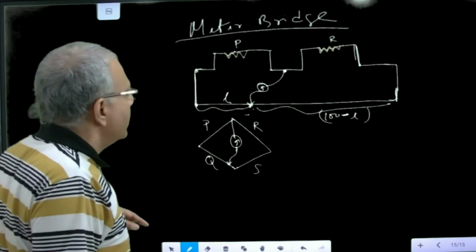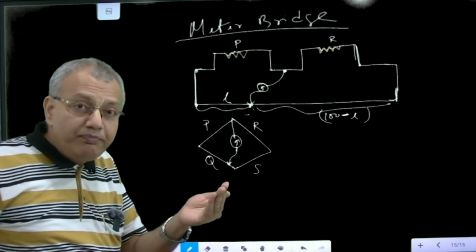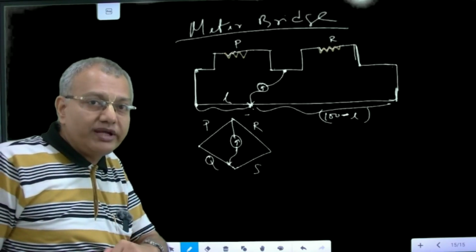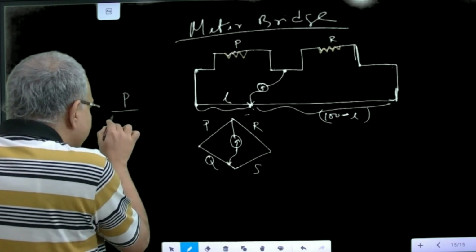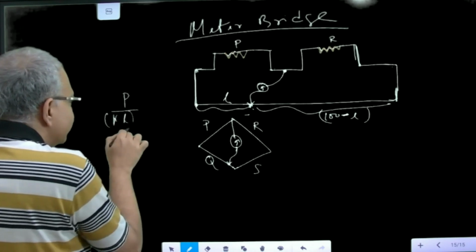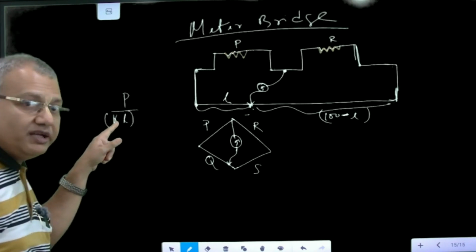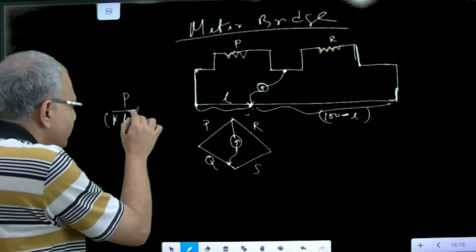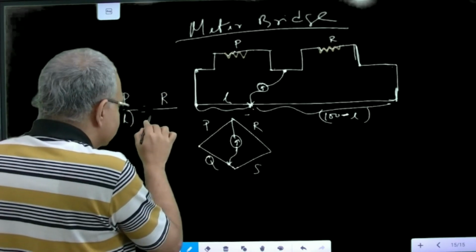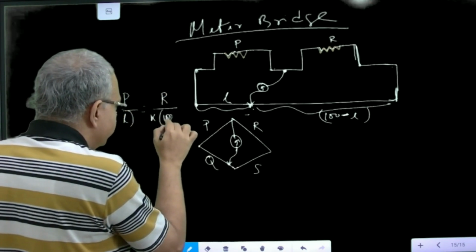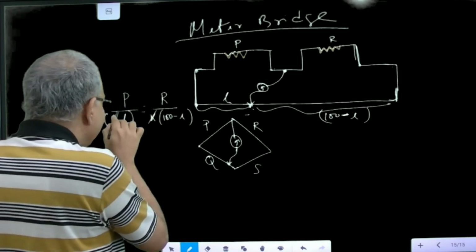So therefore, when the balance condition of the Wheatstone bridge is satisfied, we can write it this way: P by something constant into L, because this is a resistance. Something constant multiplied by length is a resistance. At the balance condition, I can write R by that constant into 100 minus L. So this K gets cancelled out.